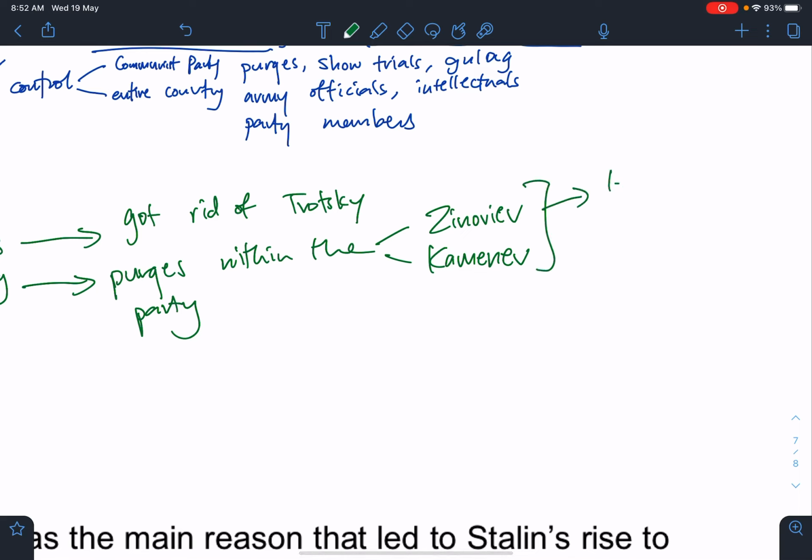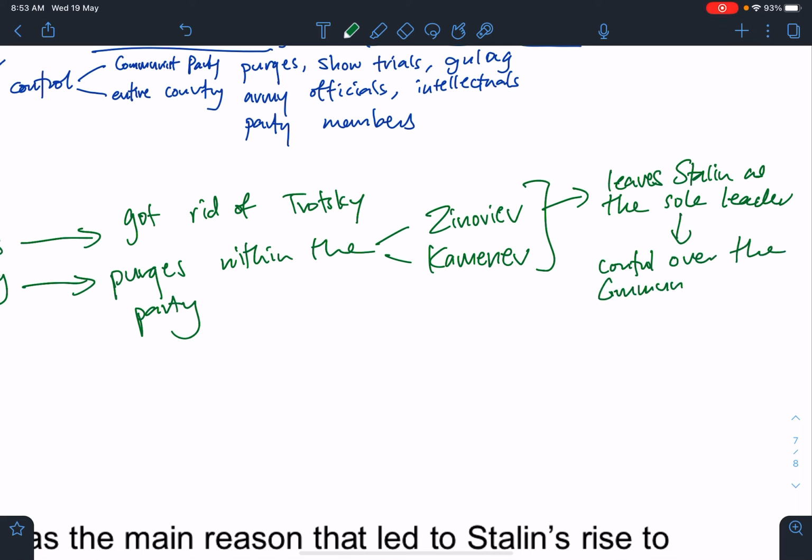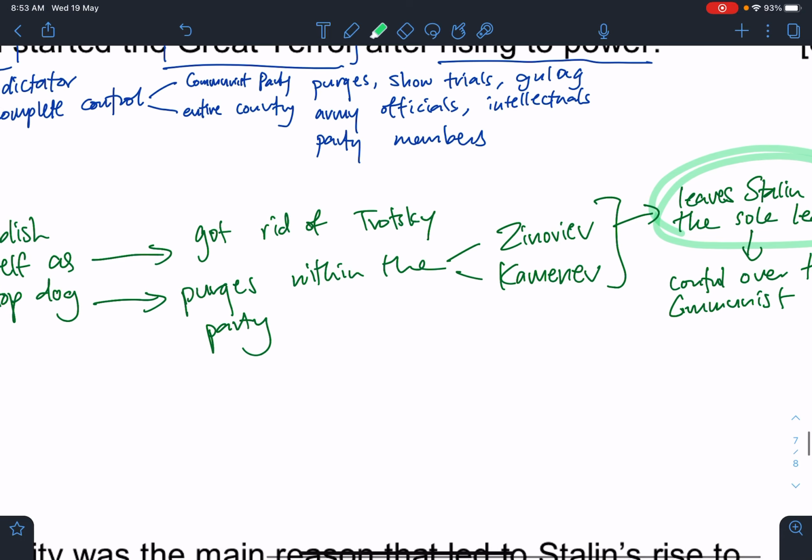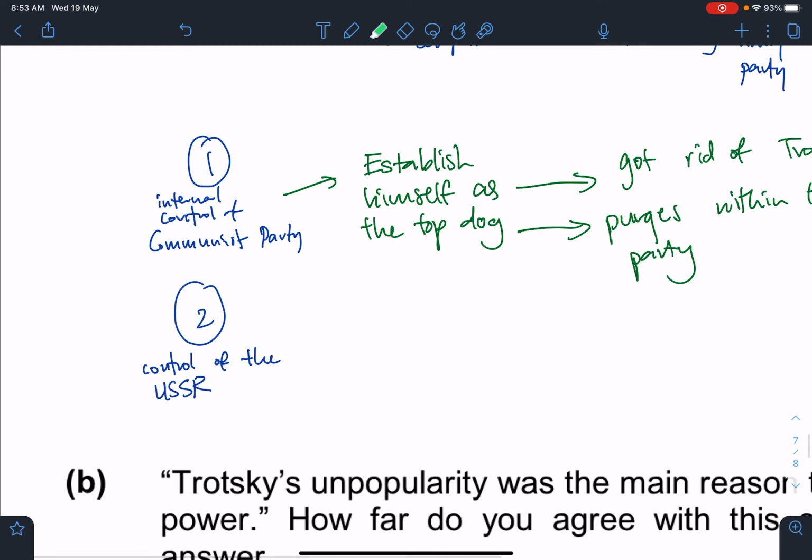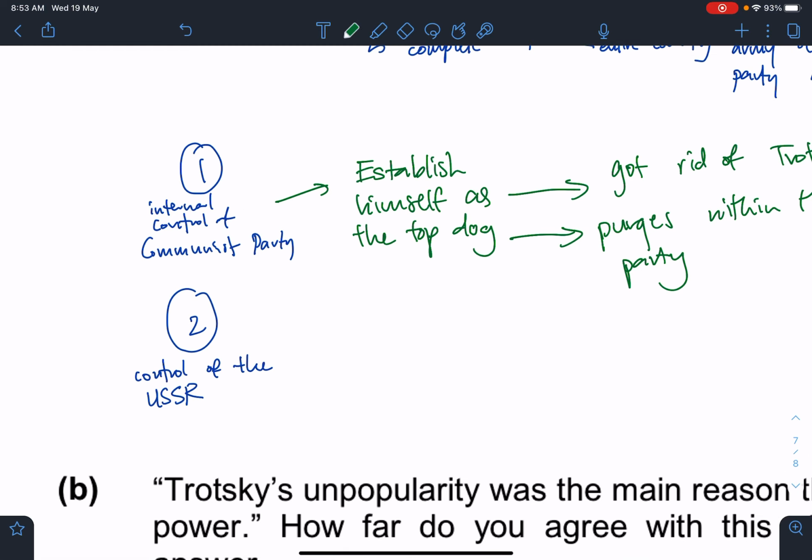Okay, it leaves Stalin as the sole leader, which gives him control over the Communist Party. So by showing this, okay, by emphasizing the effect, which is that it leaves him in sole control. That means he's the only person left. That is how I prove that he's trying to shoot for internal control of the Communist Party.